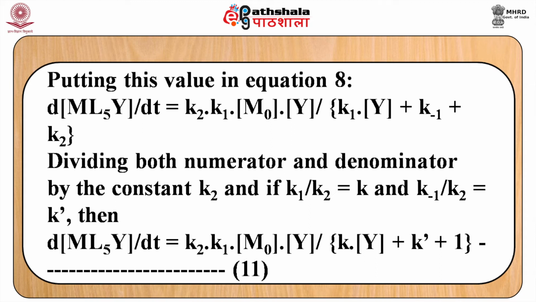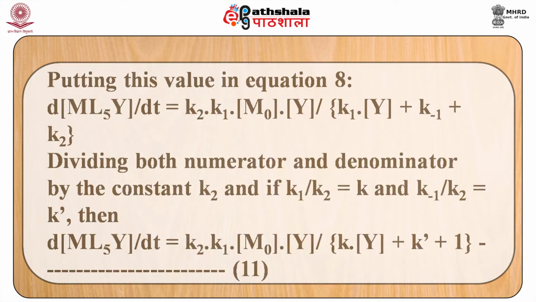Dividing both the numerator and denominator by the constant K2, and if K1 by K2 is equal to K and K minus 1 by K2 is K dash, then the rate of reaction, that is d[ML5Y]/dt, should be equal to K2 into K1 into the concentration of M naught into the concentration of Y divided by K into the concentration of Y plus K dash plus 1.